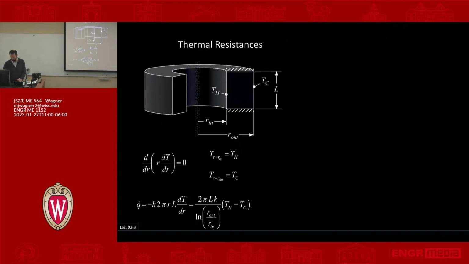So the concept of thermal resistance is really analogous to, or derived from, the electrical resistance concept. Let's say you have a voltage V_H and another voltage that's lower, we'll call that V_L, and you have some resistor between those two voltages.